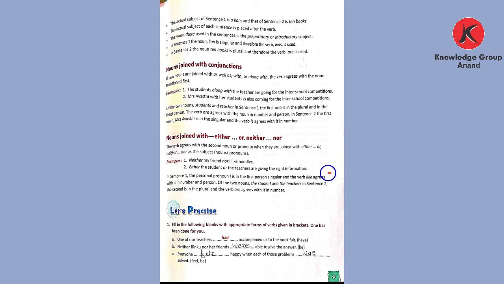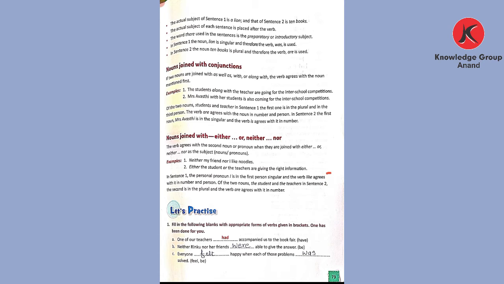Friend is also singular and I also singular, so they have used the verb like. In the second sentence, students and teachers are in the plural form, so they have used a plural verb to agree in number.